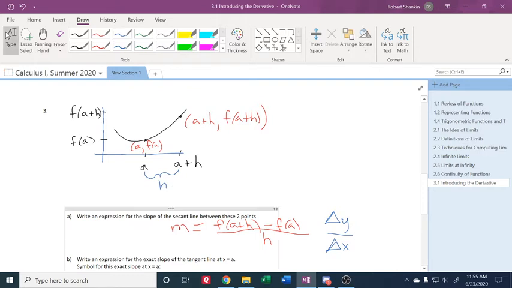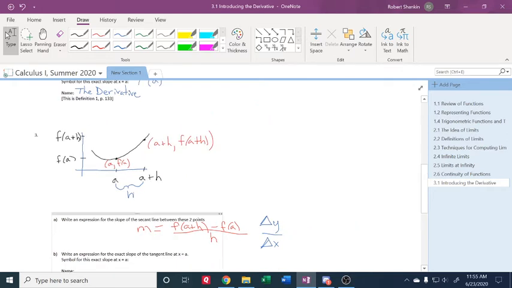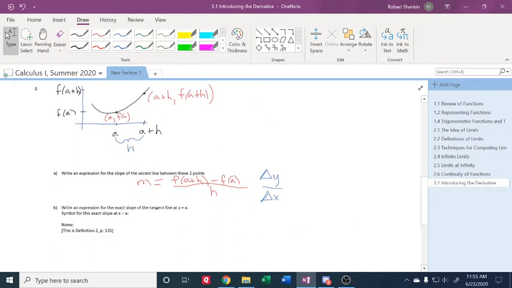So when I need to write an expression for the exact slope, I'm going to take this thing and get, now the textbook puts it as m of the tangent line, slope of the tangent line is equal to, it's going to be the same thing but with the limit. But this time it's not x approaching a.